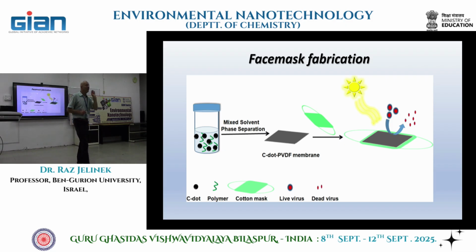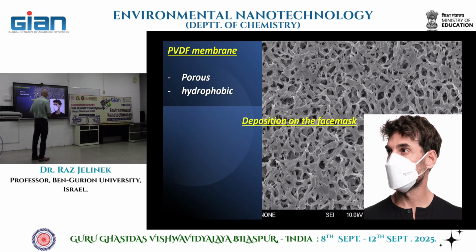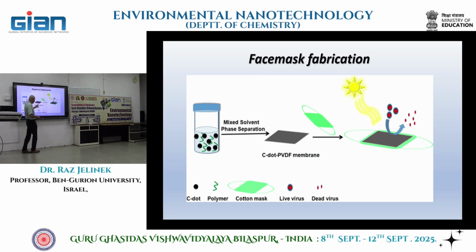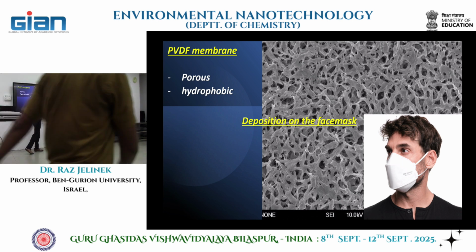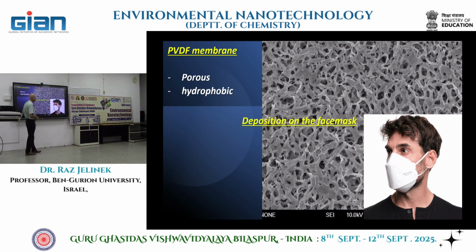Now the polymer layer was very thin and used a special polymer that has pores. You see my picture? Yes. This is this polymer. And this polymer has lots of pores with carbon dots. Now why is it important to have many pores?